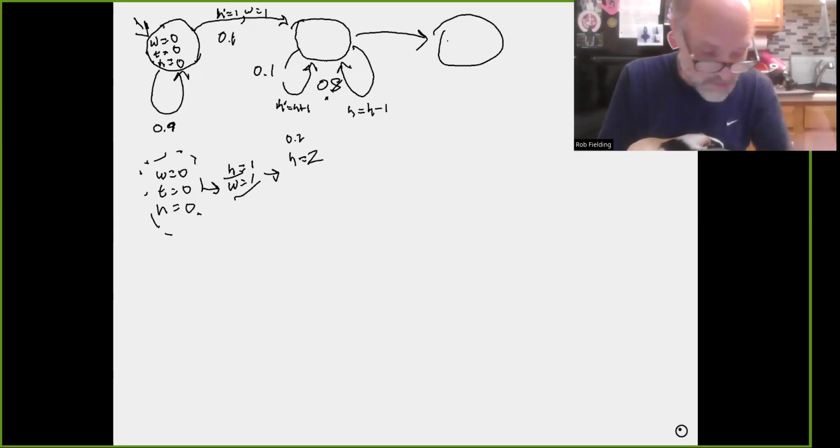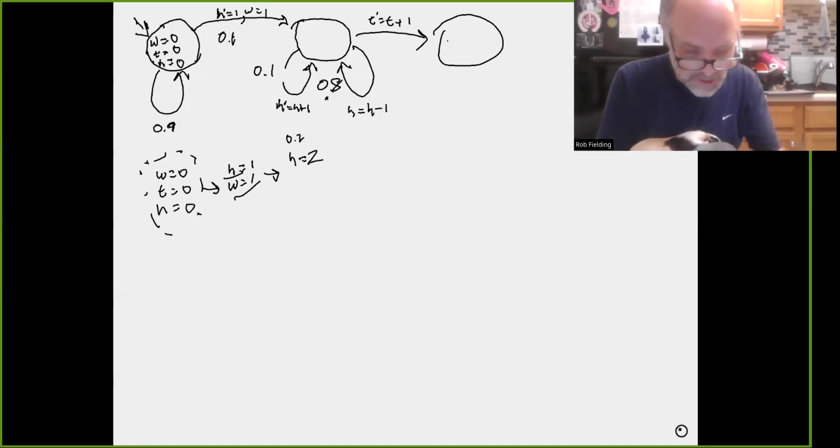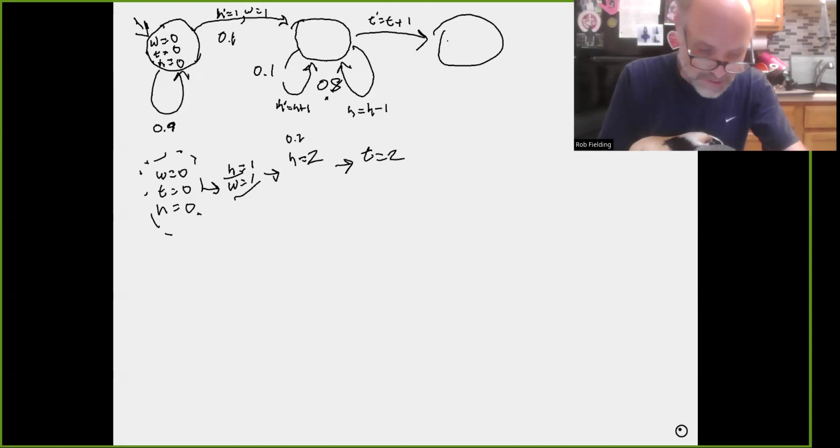And so hunger goes up to 2, and then say when she gets thirsty, T plus 1. The animal is now at hunger level 2, and also thirst level 2. And say this wakes her up. So she is awake, right?